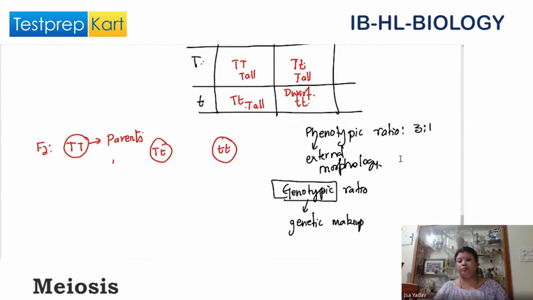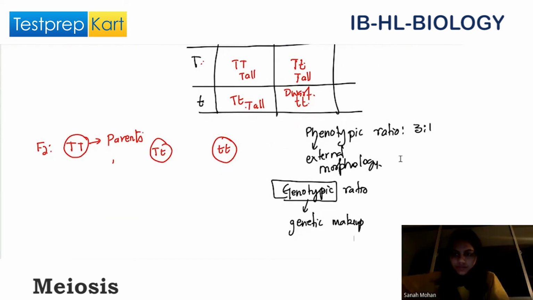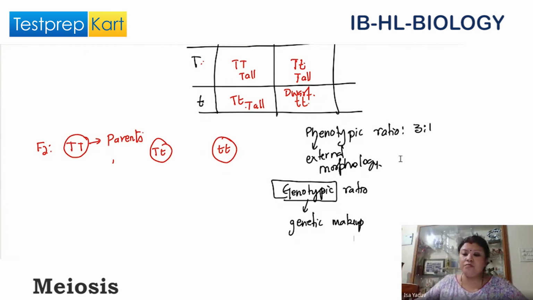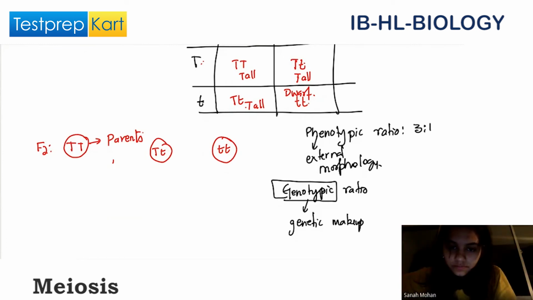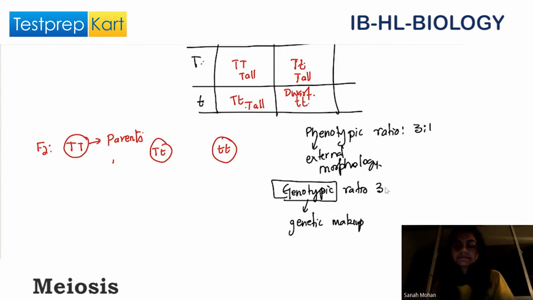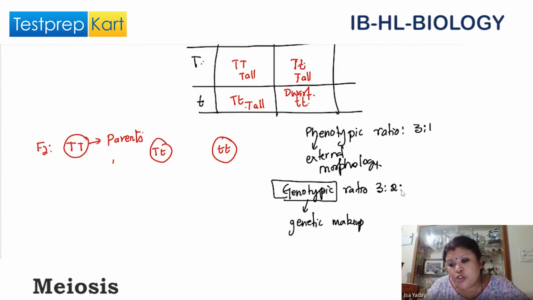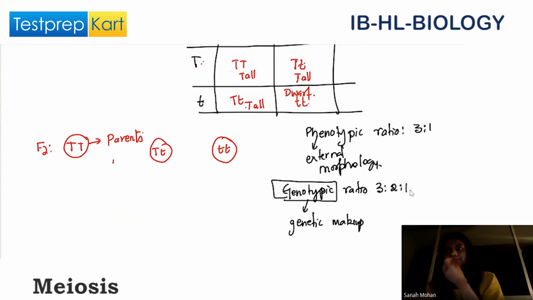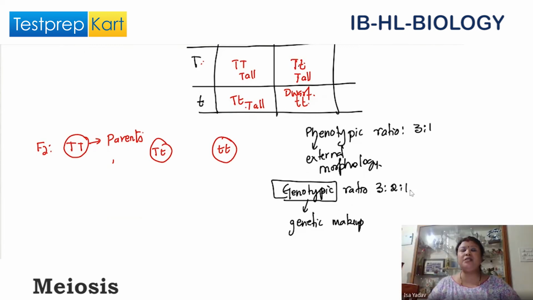Sorry? 3:2:1. Yes or no? Yes, 3:2:1. This is Mendel's monohybrid cross.